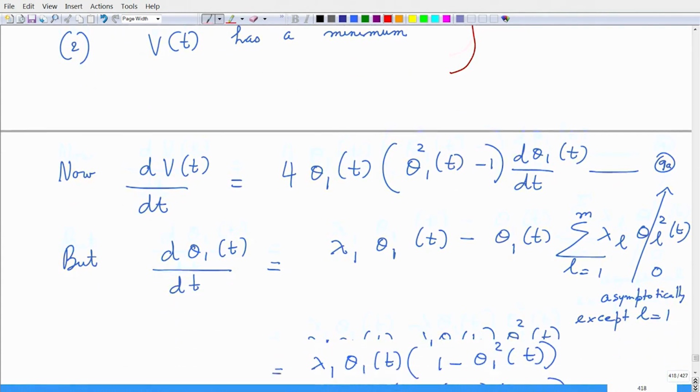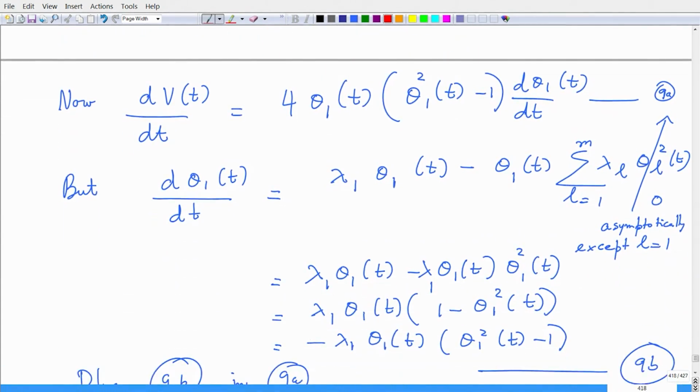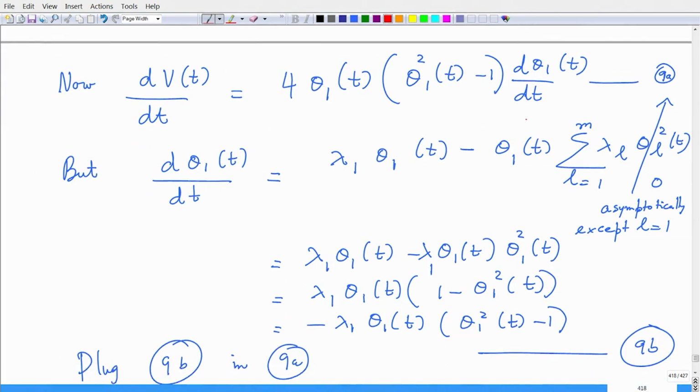So now once I do this, I get dV by dt, but I need what d theta 1 of t upon dt is. I need this equation. So we have done this earlier. d theta 1 of t by dt is given by lambda 1 theta 1 of t minus theta 1 of t times the summation from L equals 1 to m of lambda L theta L square of t.